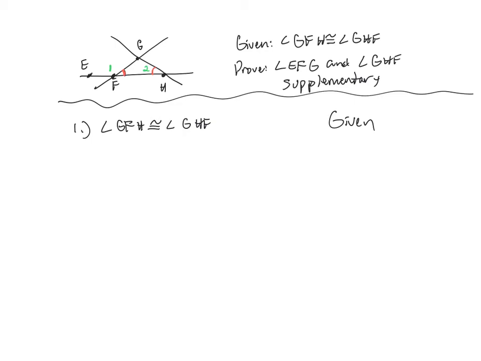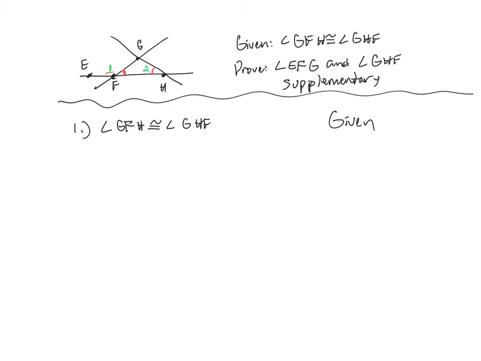So if those two are supplementary and the two red ones are equal, then I could substitute somehow to make angle 1 and angle 2 supplementary. Okay, so number 1 and the other red one form that linear pair, therefore they're supplementary. So if they're supplementary and the two red angles are congruent, I could substitute to make 1 and 2 be supplementary, which is what I want. So I said a lot there.